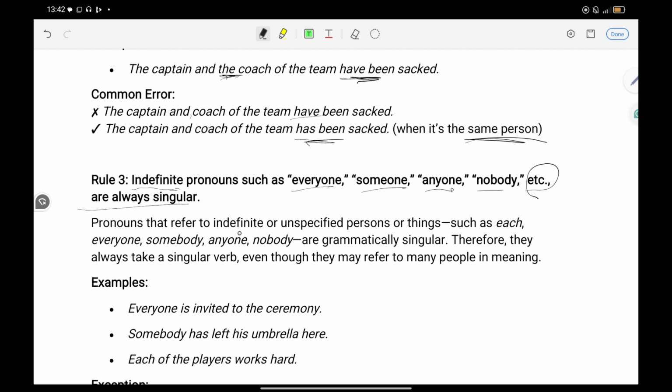When the pronoun refers to an indefinite or unspecified person or thing, when everyone is not referring to a specific person, when you have words like each, everyone, somebody, anybody, anyone, nobody, because it's not referring to a specific person or thing, it is considered singular in the English language. Therefore, they always take a singular verb, even though they may refer to many people in meaning. Please forgive this, it's a typographical error.